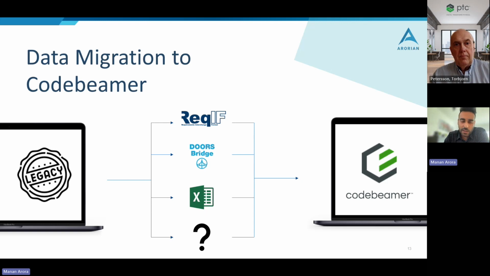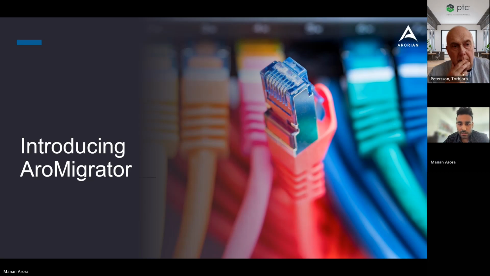For example, if you are considering history migration, or you have a lot of relationships or traces, or your migration involves a huge amount of data where data integrity is most important to you. That's where our tool AroMigrator comes into the picture. We will be introducing AroMigrator shortly, so that you have an overview of how we can overcome all the challenges I mentioned previously.